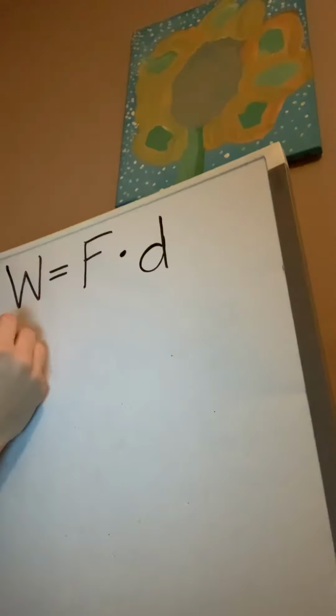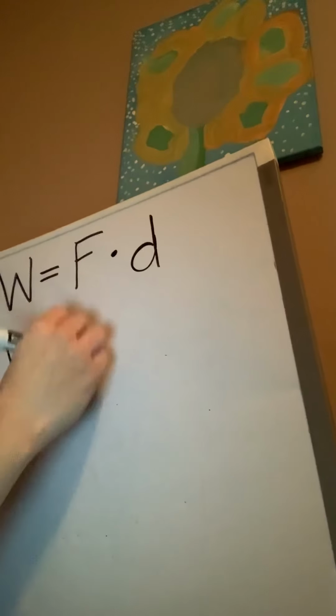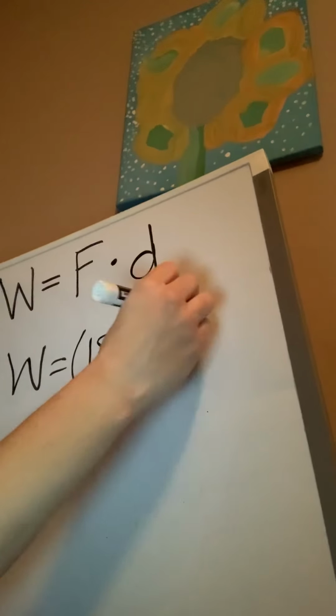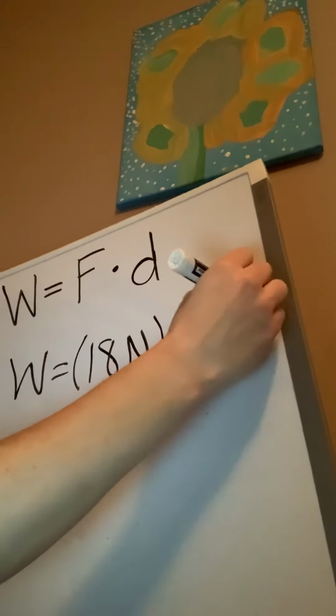Number 2 says, how many joules of work do you do on your physics book when it has a weight of 18 newtons in order to lift it to a height of 0.5 meters? That one's real simple. Let me bring up my calculator on Google. We're going to use the work equation, which is force times distance, and our force of 18 newtons. So work is equal to force times distance. Our force is 18 newtons times 0.5 meters.